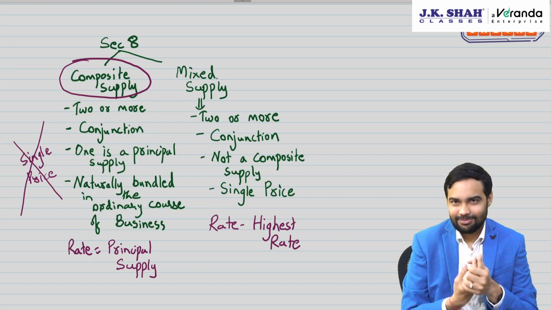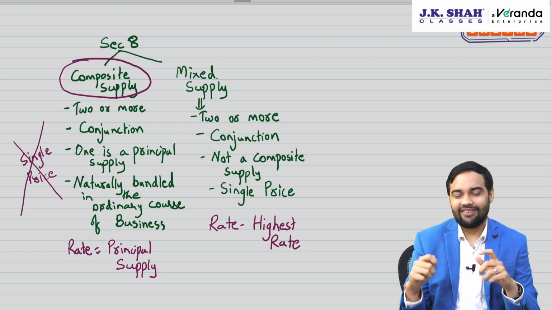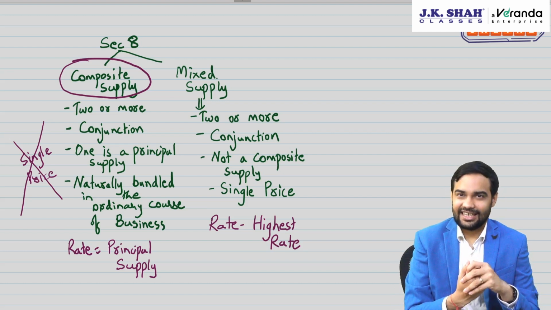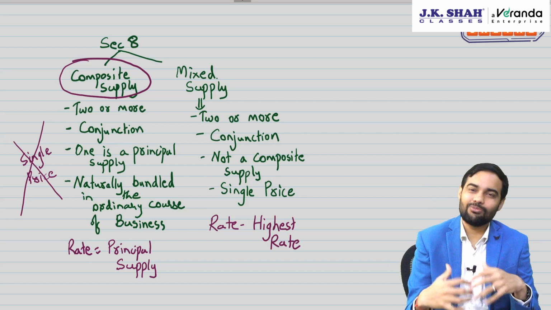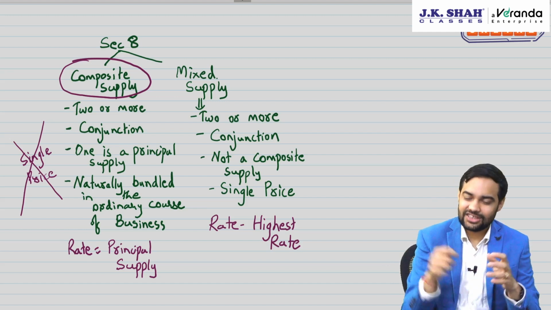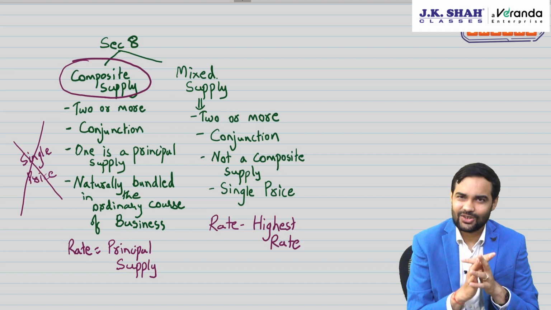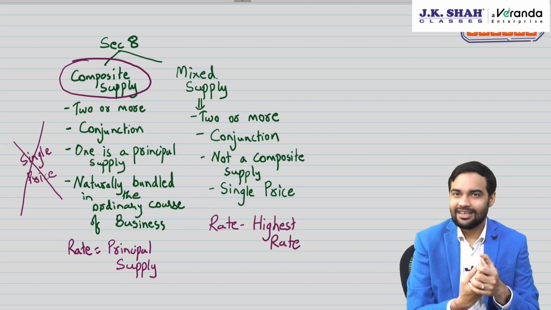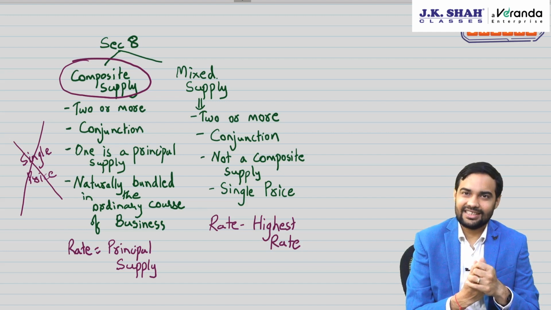Say suppose I have a machine and I get a project in Chennai. I am from Bangalore. If I am moving that machine from Bangalore to Chennai to do a works contract, then it is not a supply from Bangalore to Chennai because it is going there just to complete the work and the machine will come back. Hence, it will not be regarded as a supply liable to GST.